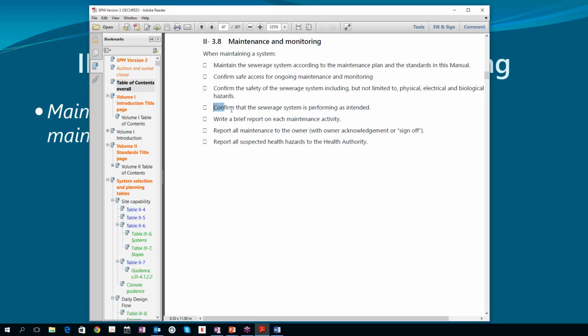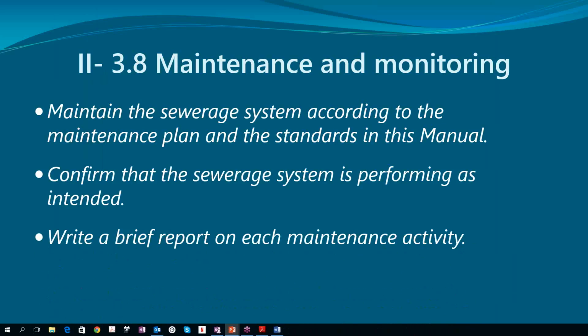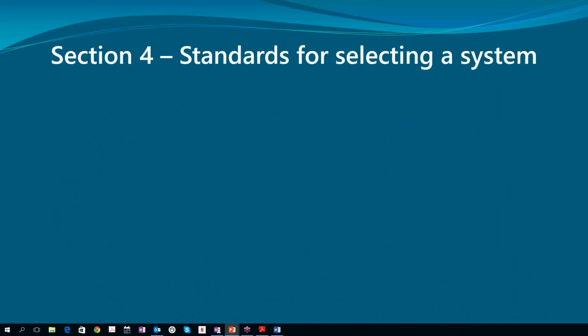This one is important. There's a lot of liability there because now it's starting to sound a lot like a performance inspection. Maybe the distinction is a bit subtle because now we're exposed to a lot of liability. If we're confirming the thing is performing properly, then we better be right and we better use the right terminology. Write a brief report. There we go.